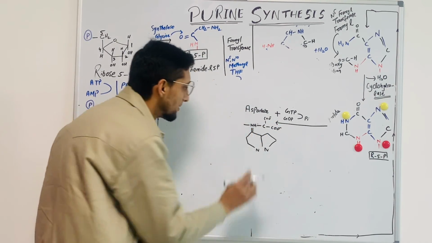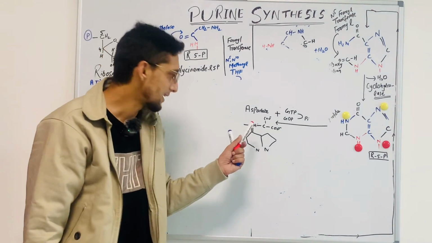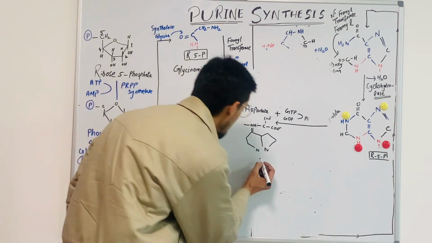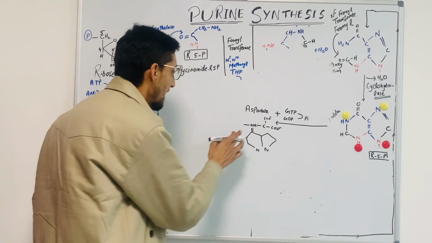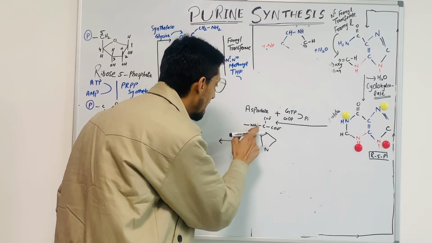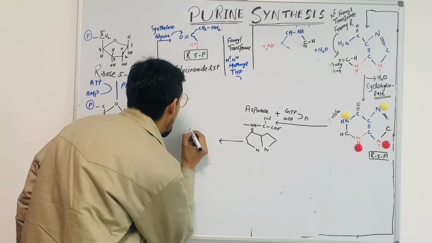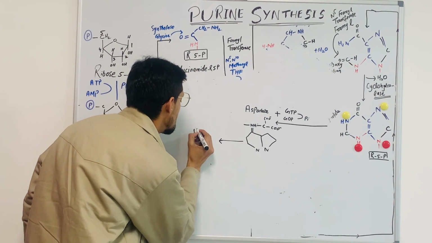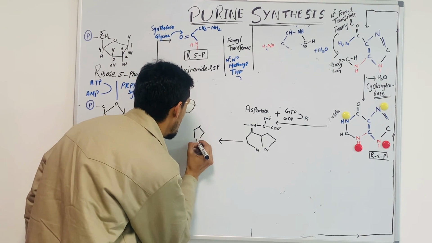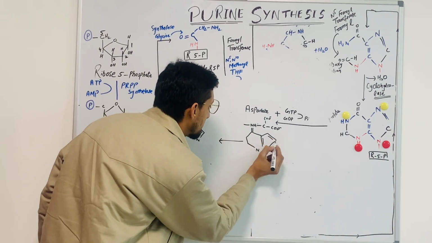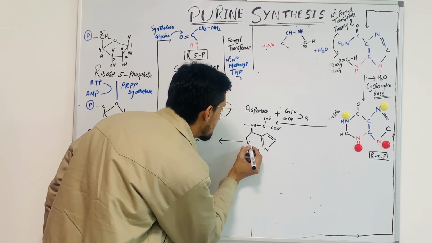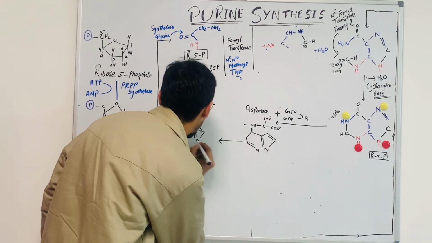Now you can see that the amine portion is attached here. This tension will be removed by another enzyme, and only the amine portion will get attached here, in a way that there's a double bond, and this is also a double bond.